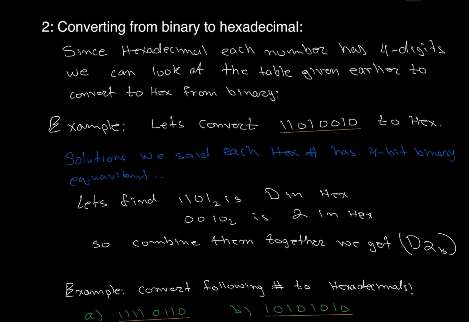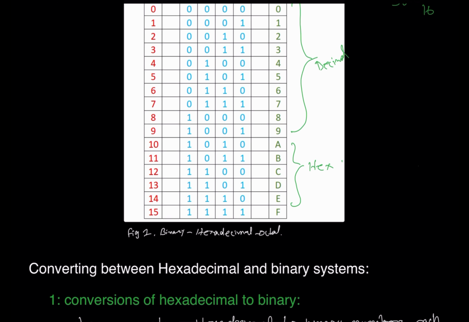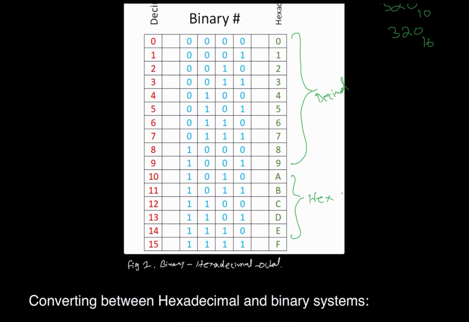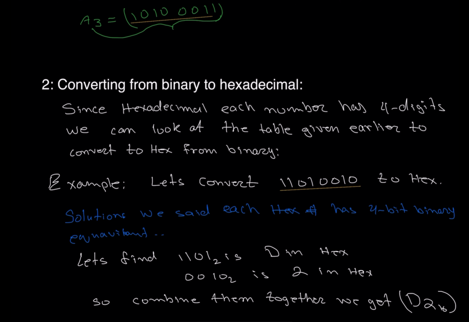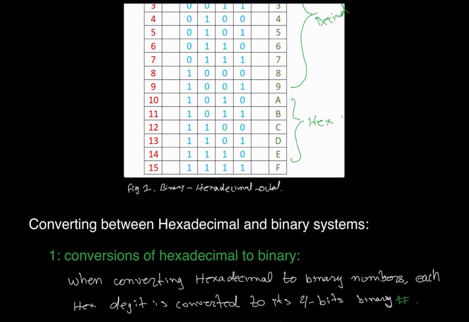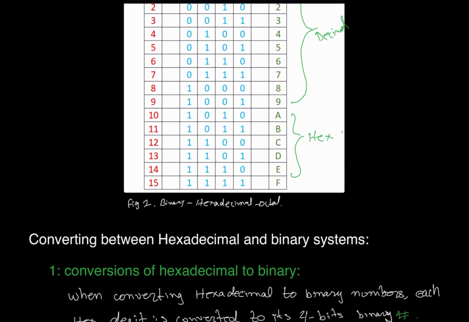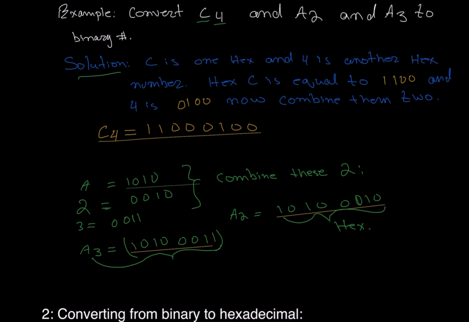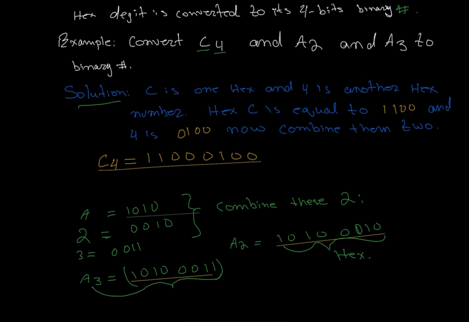Or we should have our table with us all the time to see which binary number represents which hexadecimal digit. For example, in this example right here, 1101 and 0010. So 1101, I will just say, will be this guy right there, and the other is 0010.